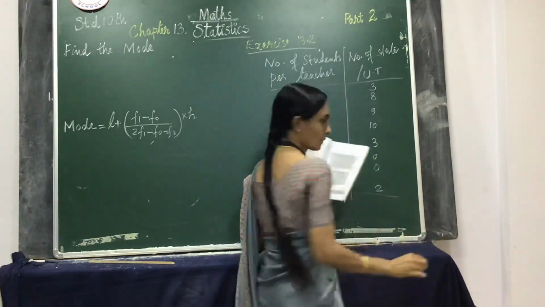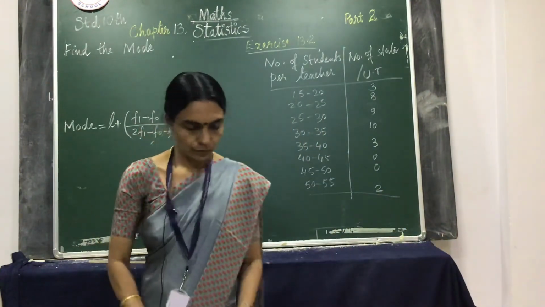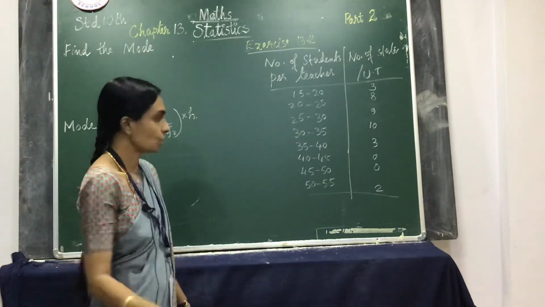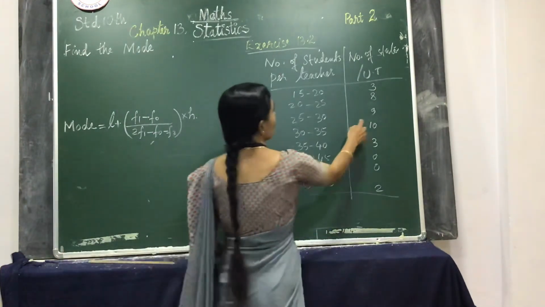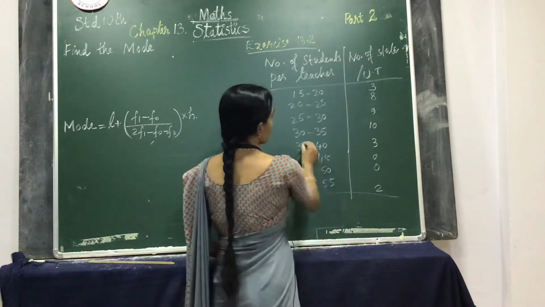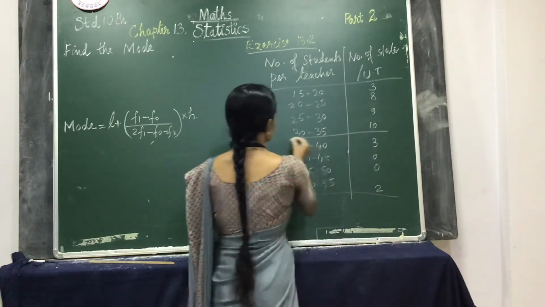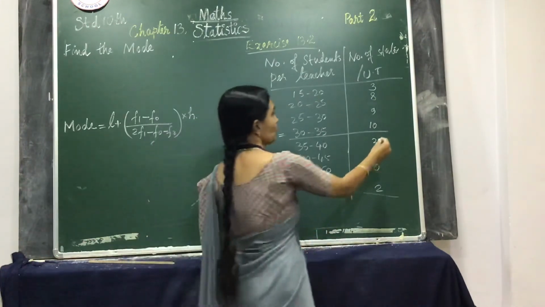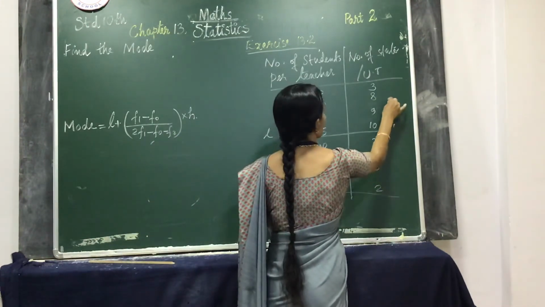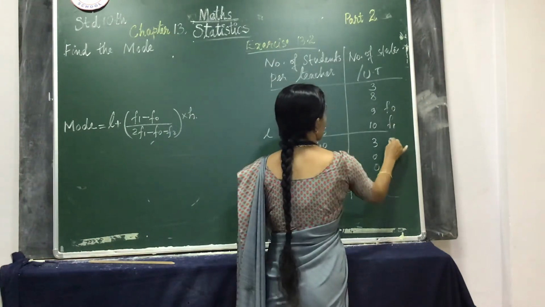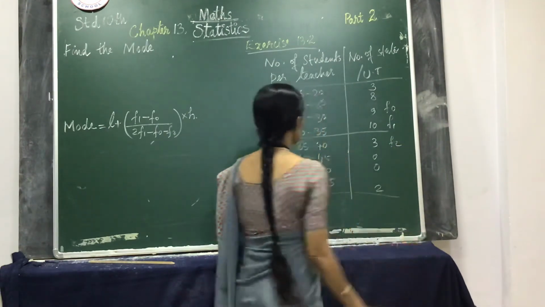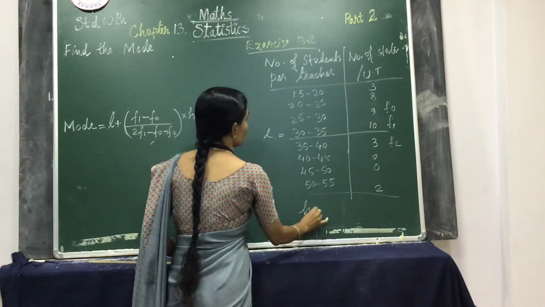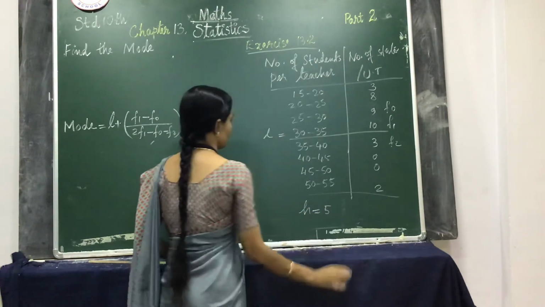Now for this question also we have to find the modal class first, that is the class interval having the highest frequency. Here we know the highest frequency is 10. So the modal class here, L is the lower limit 30, f1, f0 and f2, and we need the width. h is equal to 20 minus 15 is 5.